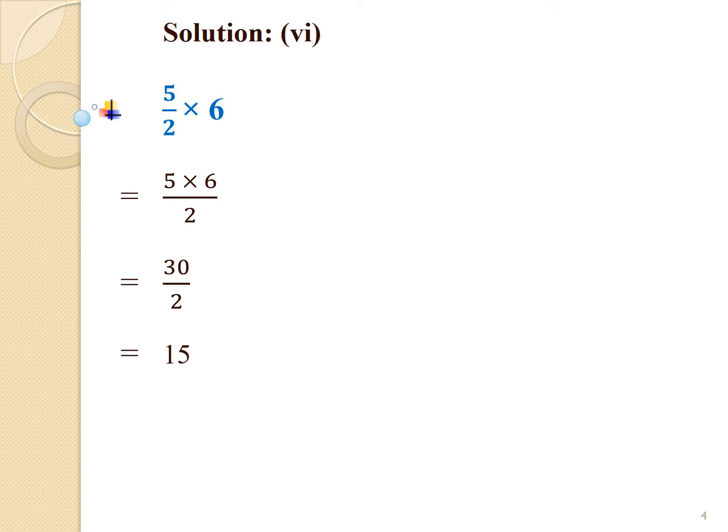Students, note that it is not necessary first to multiply the fractions and then simplify. We may simplify first, then multiply. So, let's solve sum number 7 by both the ways.